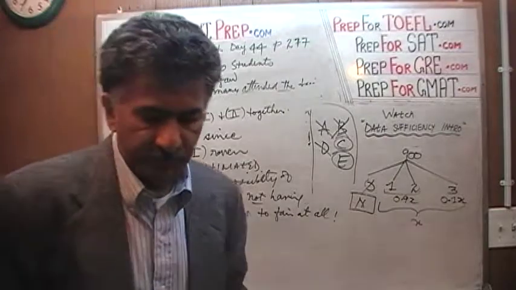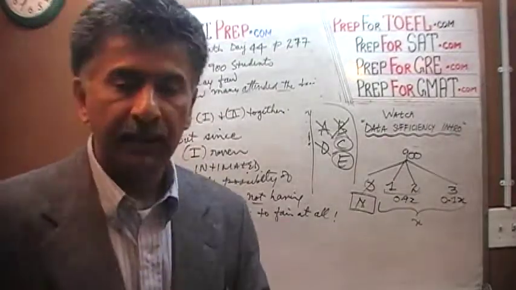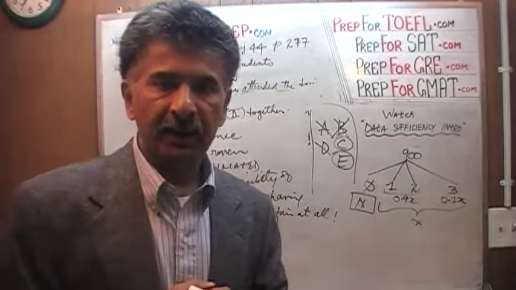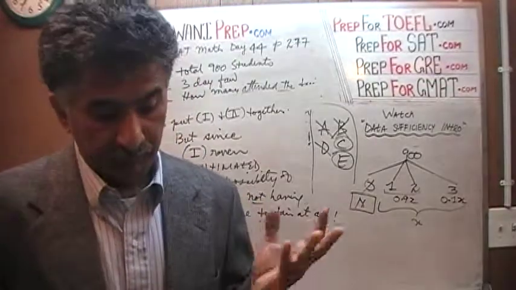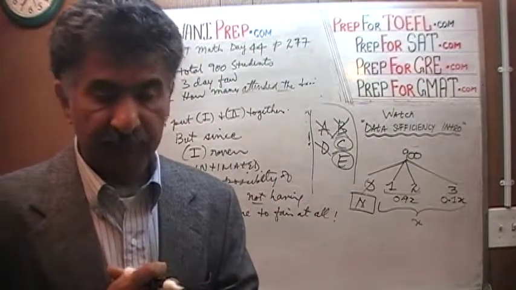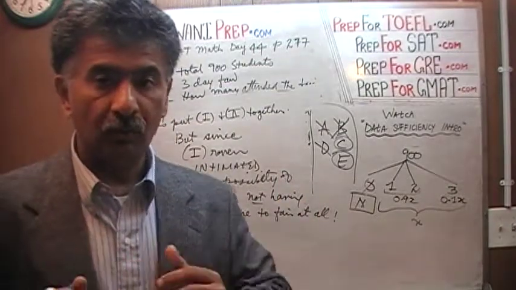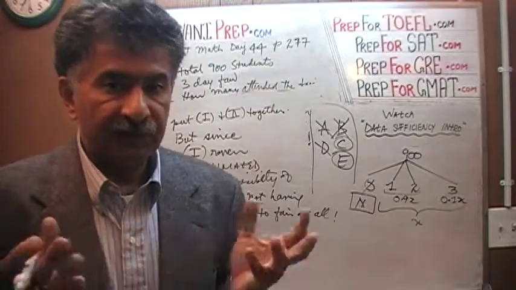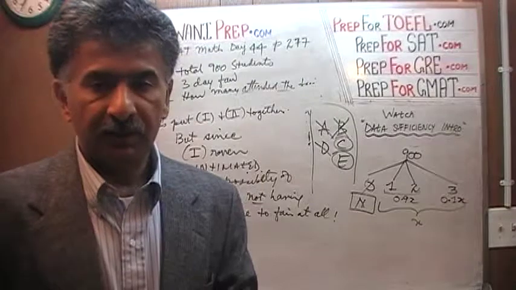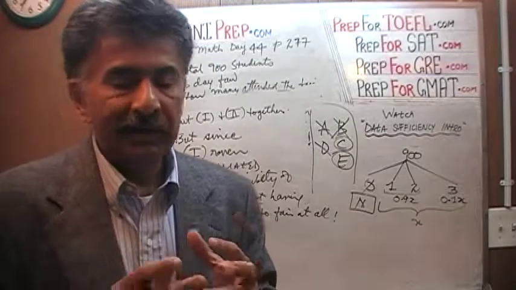It never suggested it, never implied it, never gave us any hint that there might be a possibility that some people might not have gone to the fair at all. All it said is that 30% of people attended the fair 2 or more days. It made no mention of it.